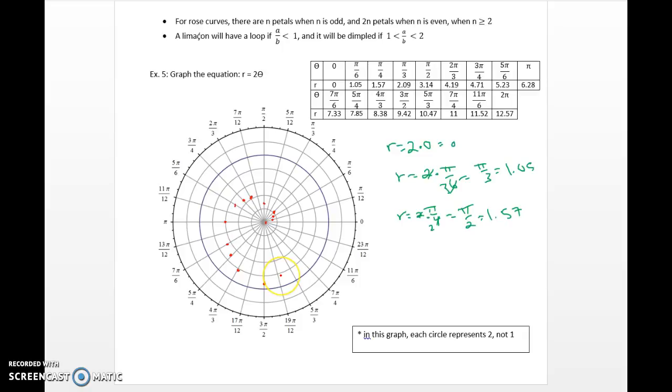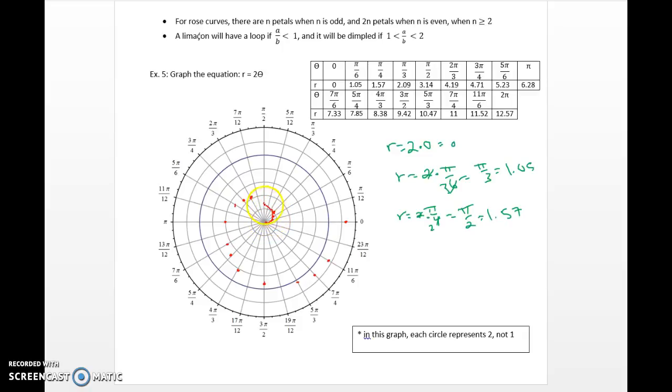When theta is 5 pi over 3, r is 10.47. When theta is 7 pi over 4, we get 11 for r. 11 pi over 6 for theta is 11.52 for r. And lastly, at 2 pi, we get 12.57 for r.